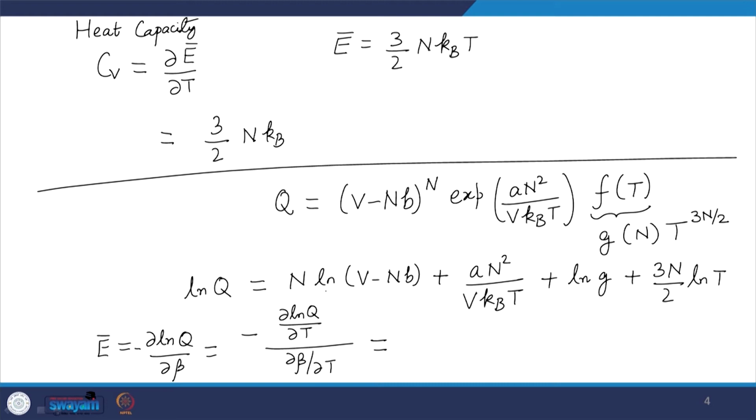the first term will not contribute. The second term will give me minus of a N²/(V kB T²). The ln g will not contribute because it is a function of N, and then you have plus 3N/2T divided by minus 1/(kB T²).